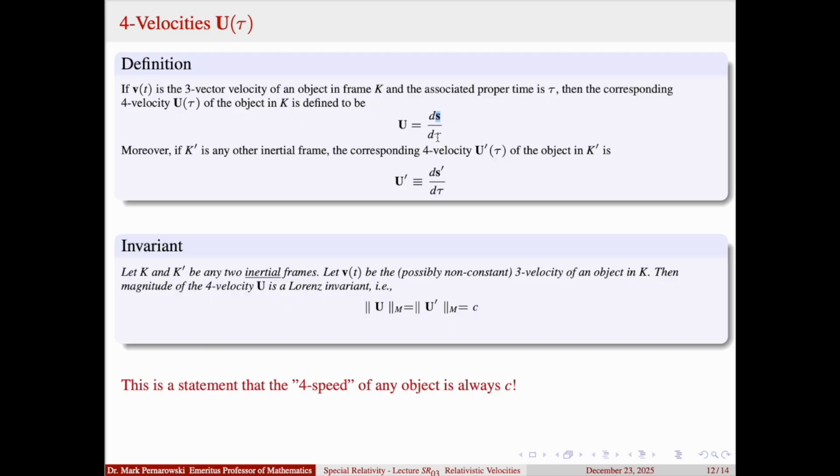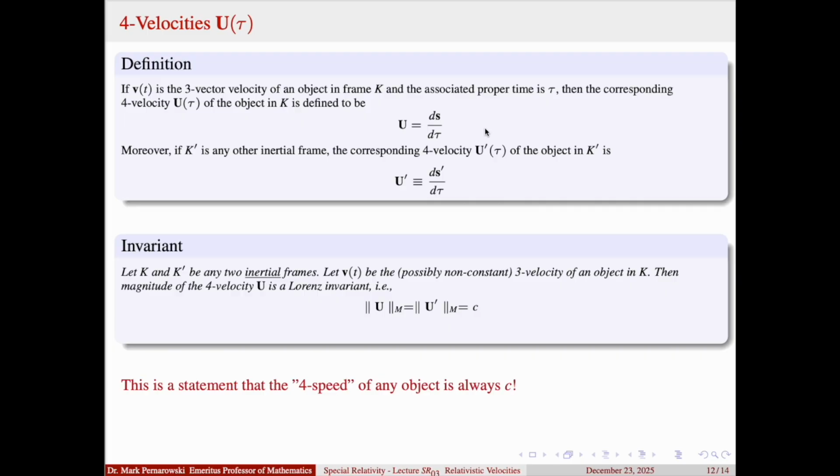that has some disadvantages. You could do that, but it turns out that there's a good reason to make the rate of change not with respect to your own time t, but with respect to the proper time of the object. That would be the object's clock.